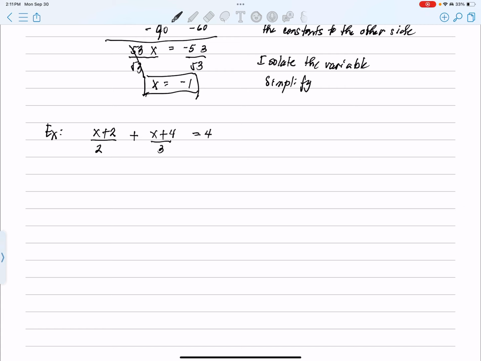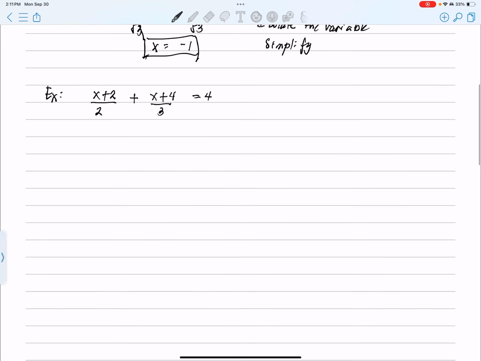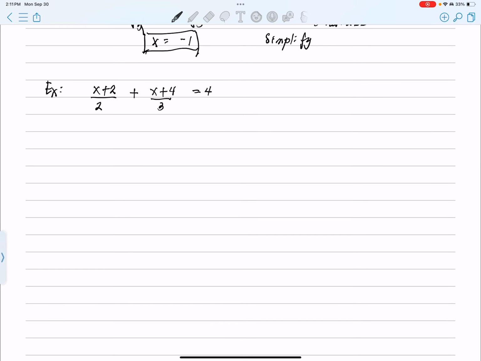Okay. So students will say, wow, this is a fraction. I don't like it. Well, I'm going to show you two ways. I'll make it simple for you to understand, since this is a review. Now, by looking at the denominator, one fraction has denominator 2 and the other one has denominator 3.